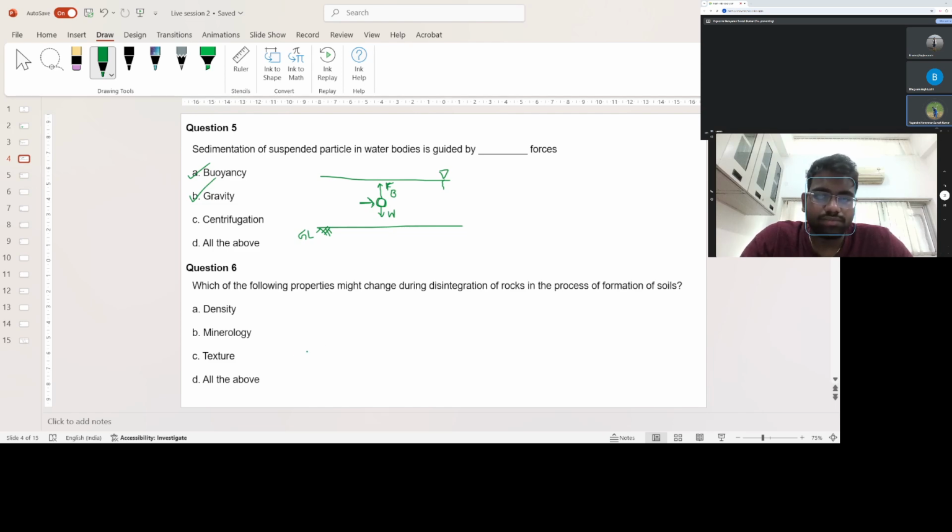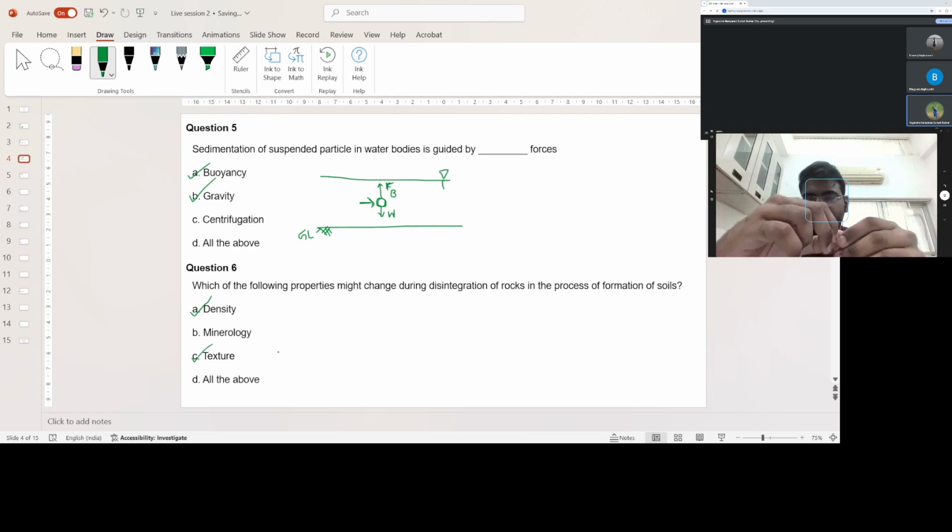Okay. As you rightly mentioned, as far as this question is concerned, the nature of disintegration is not clearly mentioned. So if we consider it as only physical disintegration, then as you said, density and texture will modify.